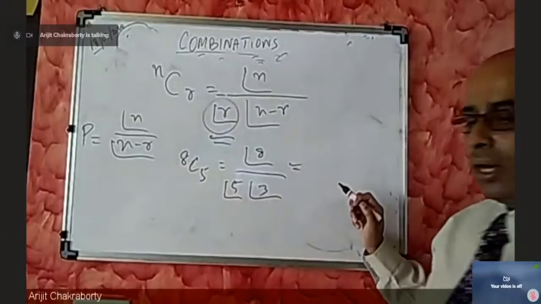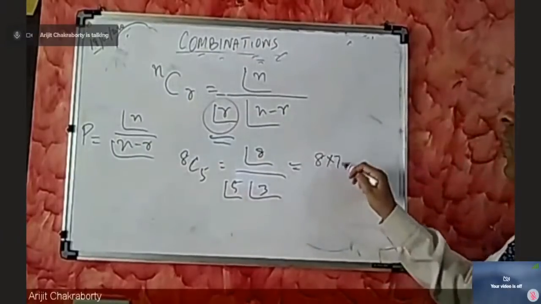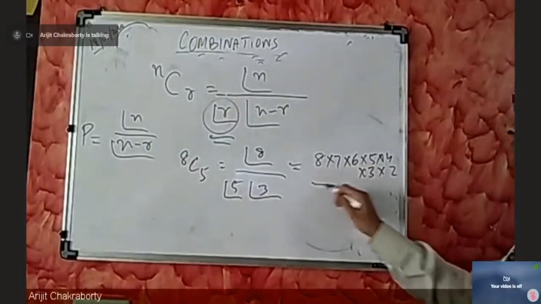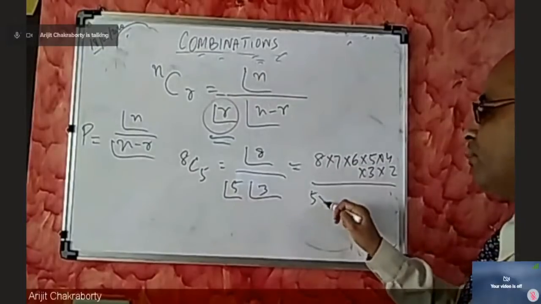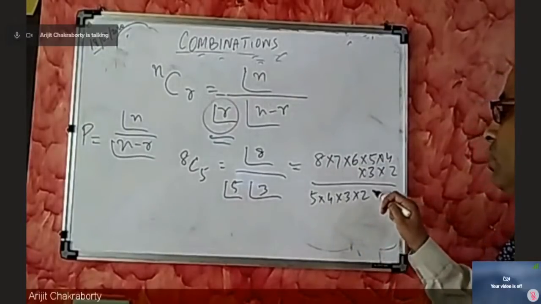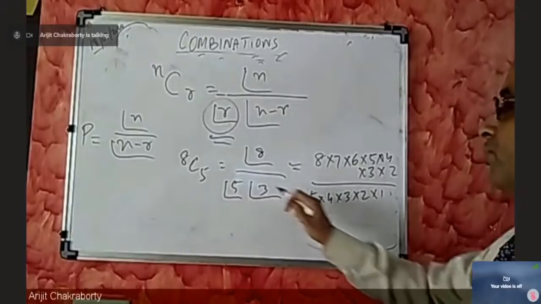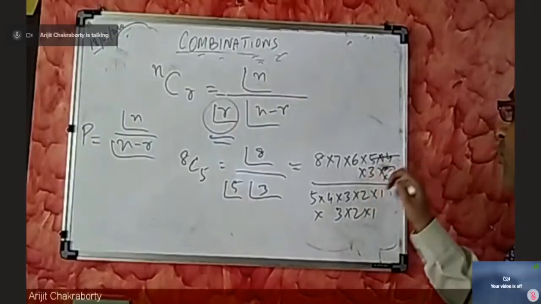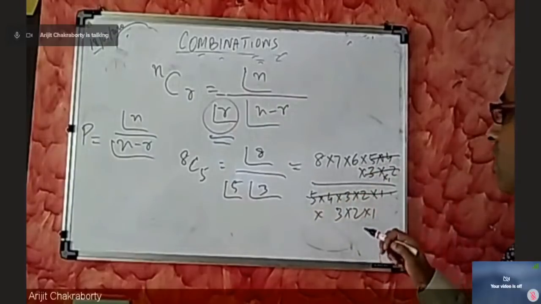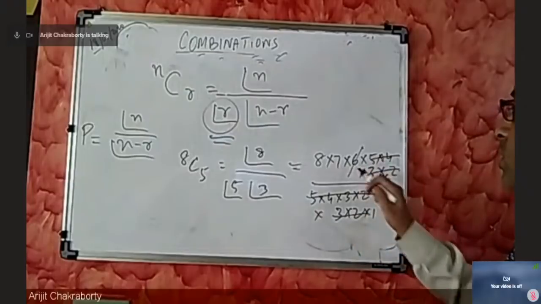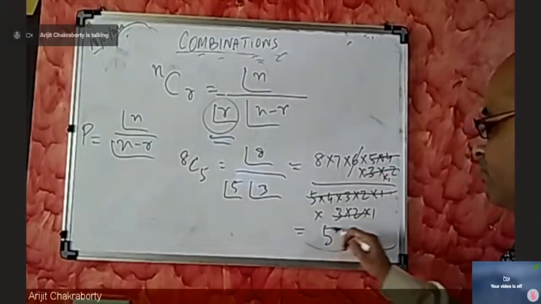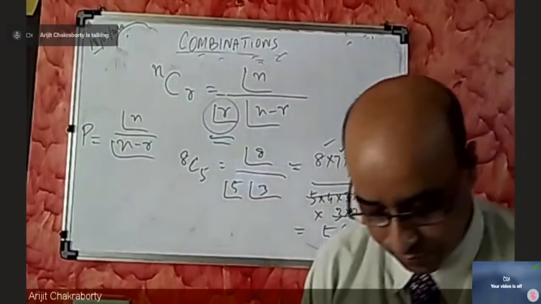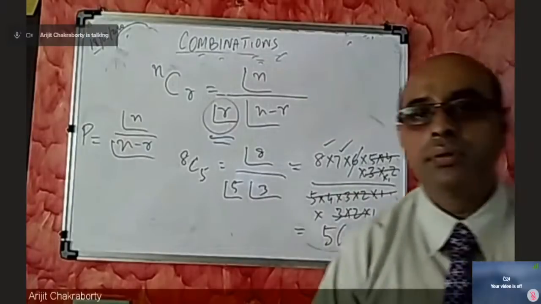Let's do 8 into 7 into 6 into 5 into 4 into 3 into 2, and down below we have 5 into 4 into 3 into 2 into 1 multiplied by 3 into 2 into 1. So 5, 4, 3, 2, 1 and 5, 4, 3, 2, 1 cancel out. You have 3 into 2, 6, and 6 cancels out. This becomes 7 into 8, 56. So this is 8C5. I hope that is clear.